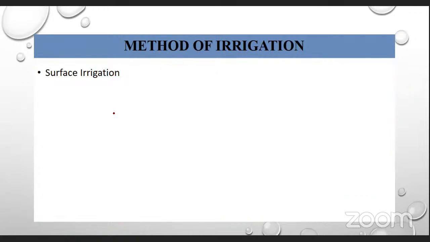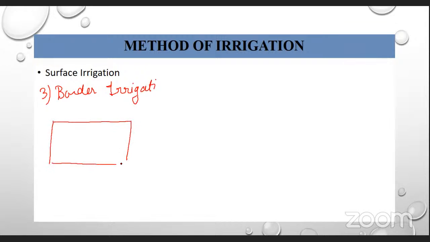Now in surface irrigation, the third one was the border irrigation. Okay, and this border irrigation is like this, in which from here we are applying the water, and over here these are the ridges.